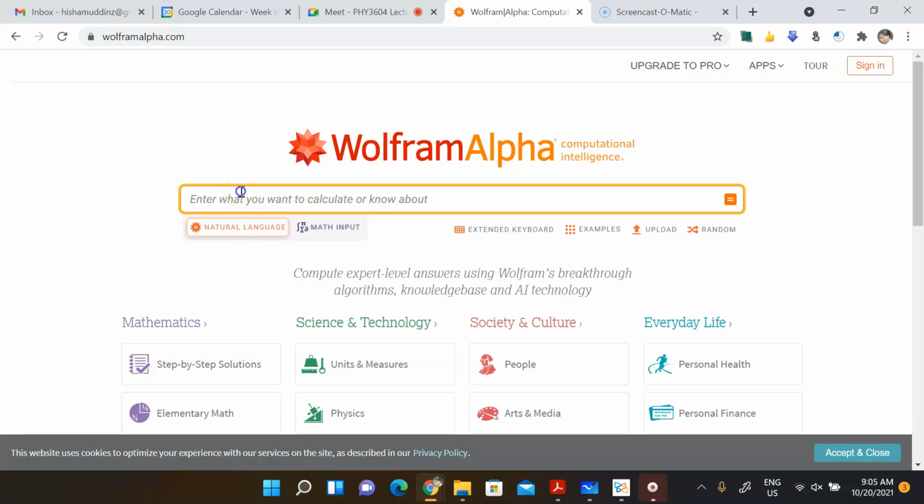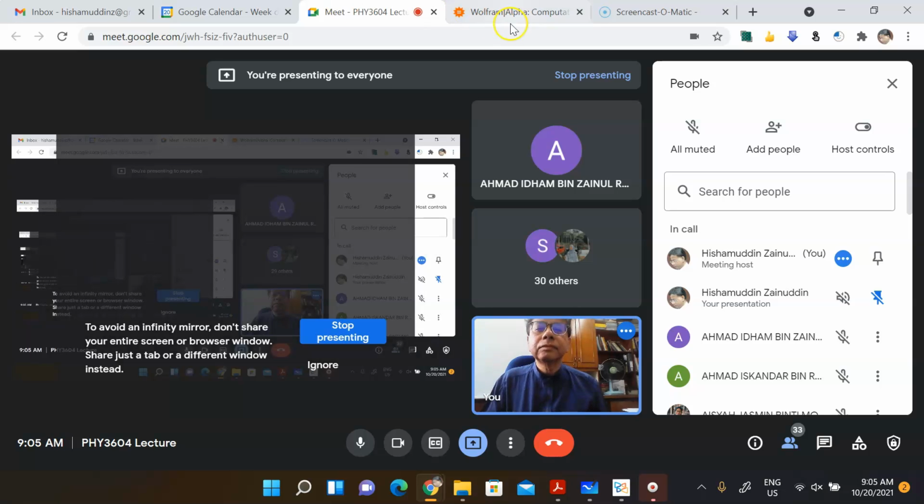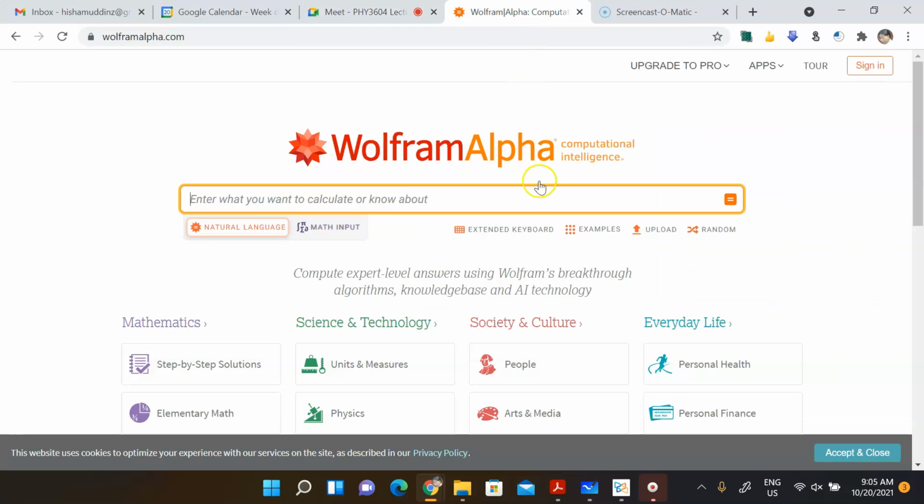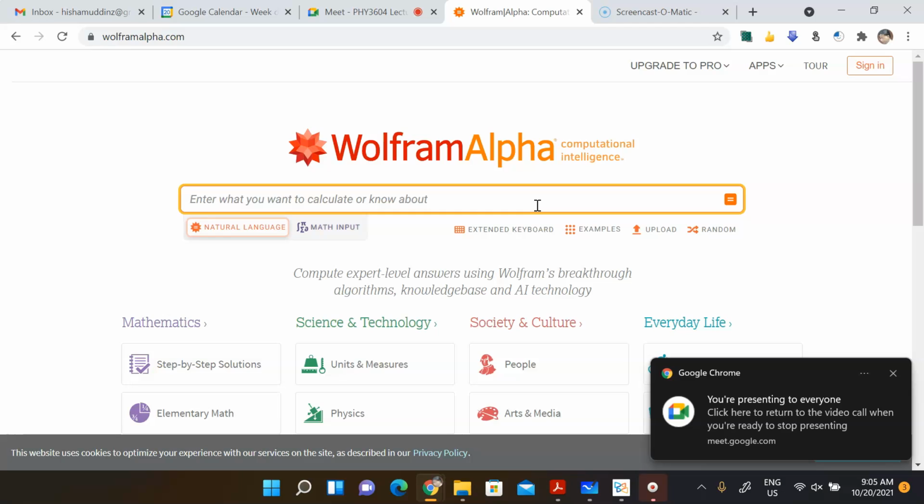Okay. So Wolfram Alpha is a pretty interesting technology. There's a powerful server stored somewhere, and one can actually interact with that server, asking questions.